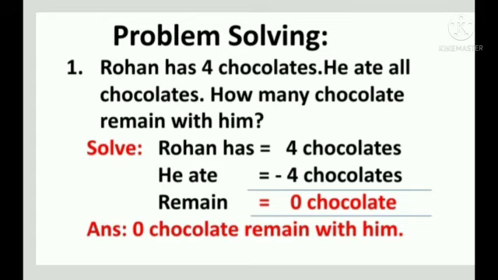He ate equals to 4 chocolates. It means he ate all chocolates. When you do the subtraction, 4 minus 4 equals to, you will get the answer 0. Now your answer is 0 chocolates remain with him.